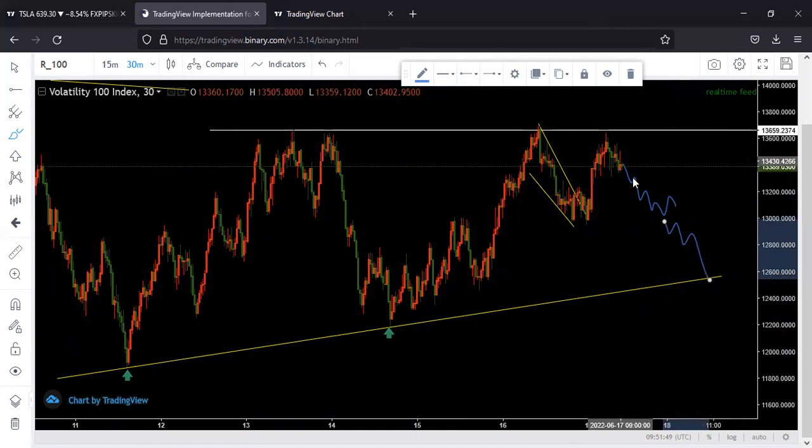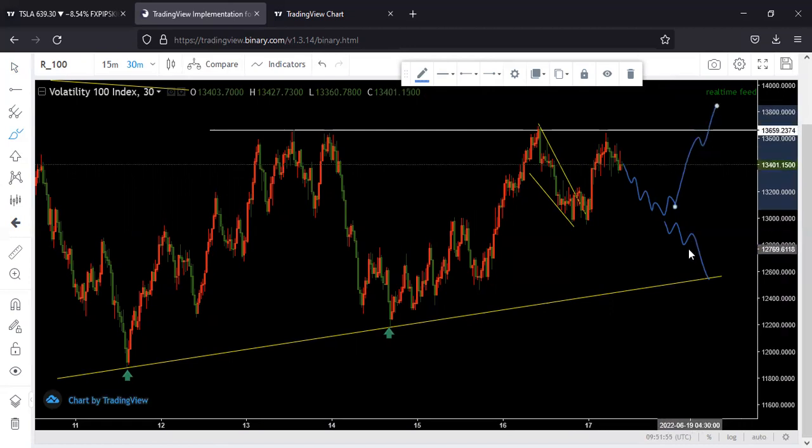And this is possible. So from this point, we shall be looking for the buying setup. And probably it can go down up to this point so that it can complete this third touch.